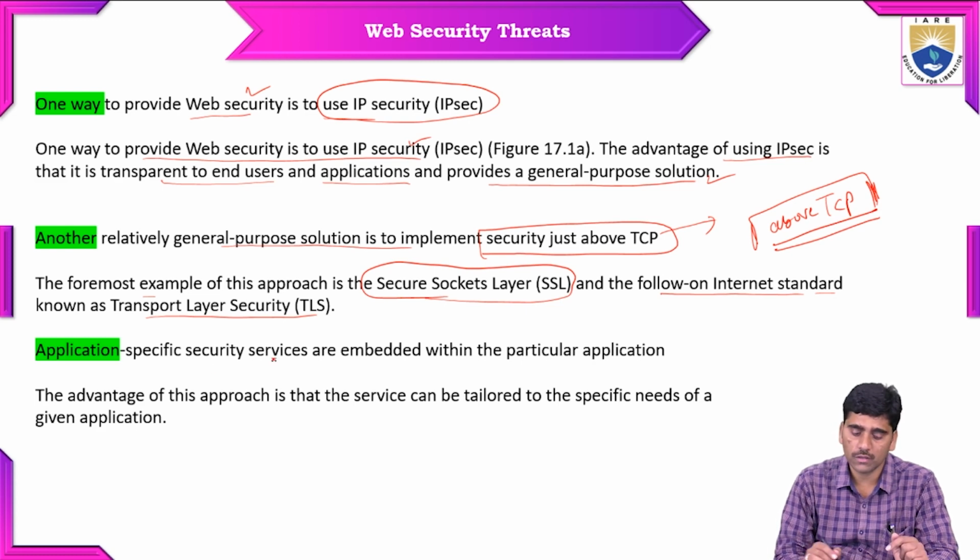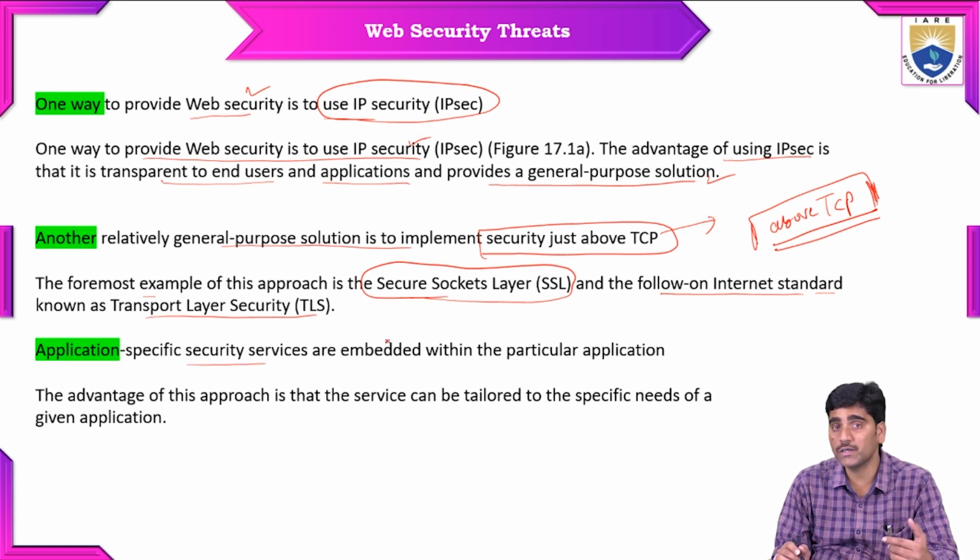And the third one is application specific security services. Application specific indicates that each and every type of application is built with its own security, so for all types of applications we implement different types of services. These services are embedded within the particular application.